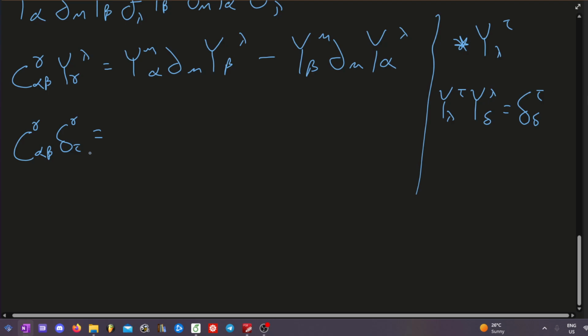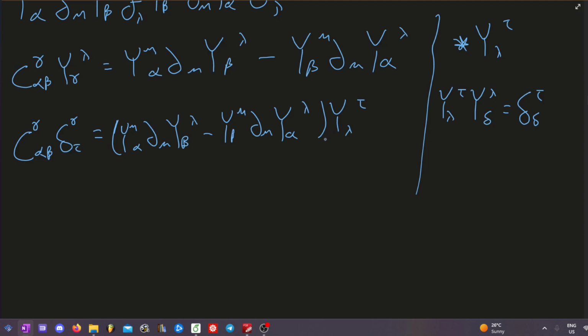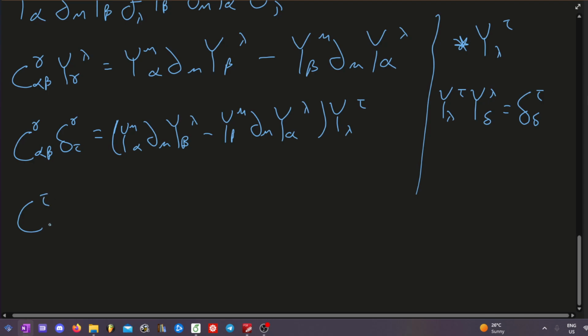And then on this side, we just write everything as is, and we have our y lambda tau on the right hand side here. Okay, so now this Kronecker delta evaluates and we end up getting C tau alpha beta.